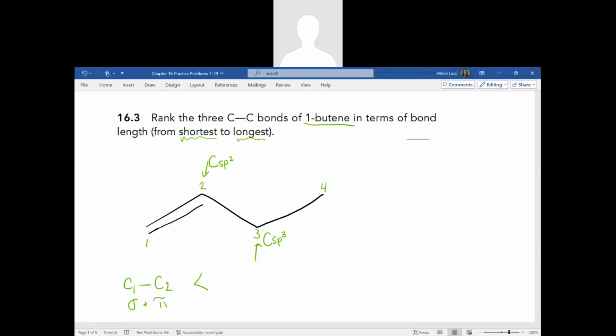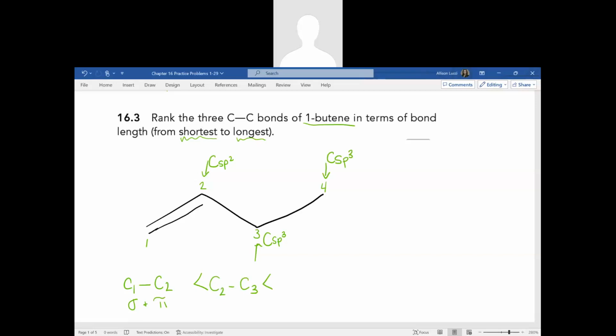So when we have an overlap or a bond between an sp2 and an sp3 carbon, that would be our second in length. So it's longer than the carbon 1 to carbon 2, but it will be shorter than the last bond here, because we know that an sp3 hybridized orbital generates a larger bond length.